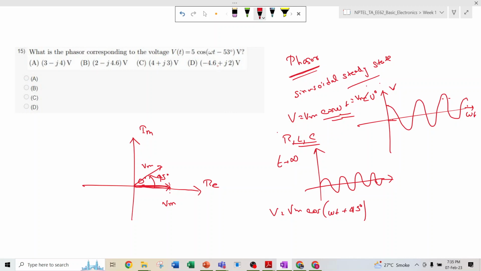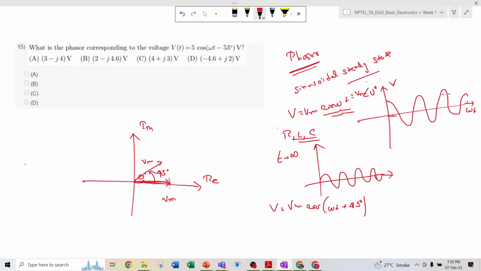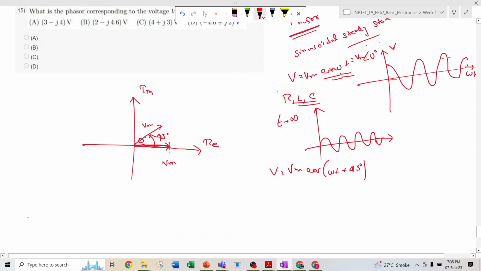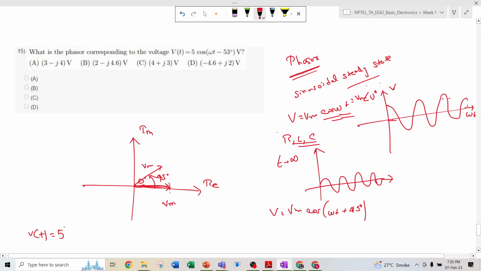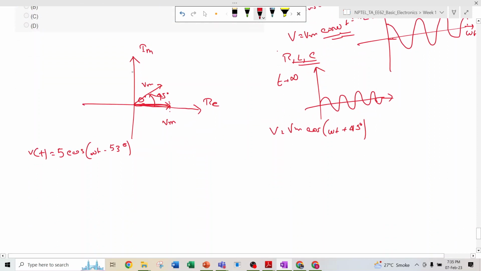Here it is asking that if you have Vt equal to 5 cos omega t minus 53 degree, what is the phasor corresponding to this voltage?